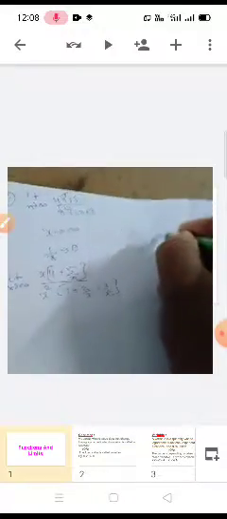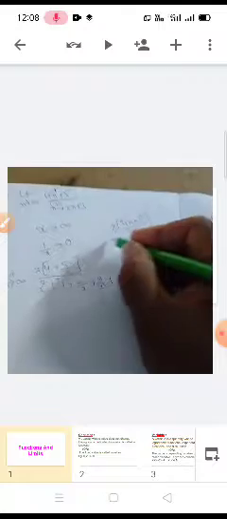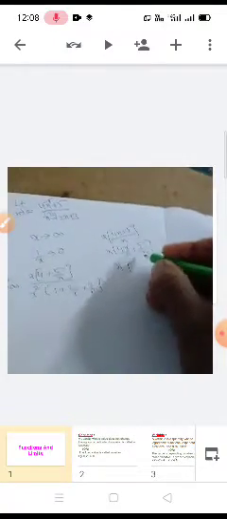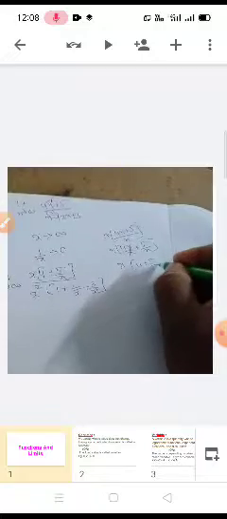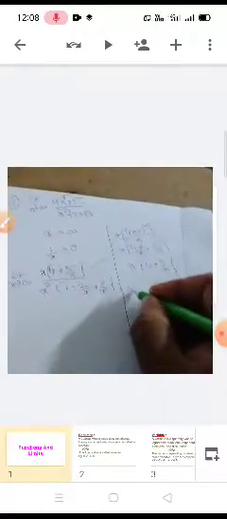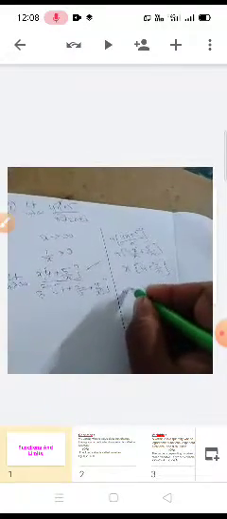Otherwise, 4x plus 5 can be divisible by x: multiplying and dividing by x, it cancels, giving x of (4x by x plus 5 by x), that is x of (4 plus 5 by x). In the denominator, x square plus 2x plus 3, the highest power is 2, so we multiply and divide by x square.